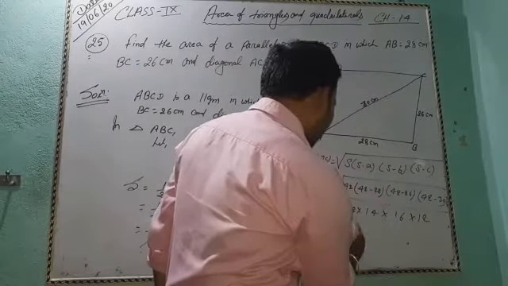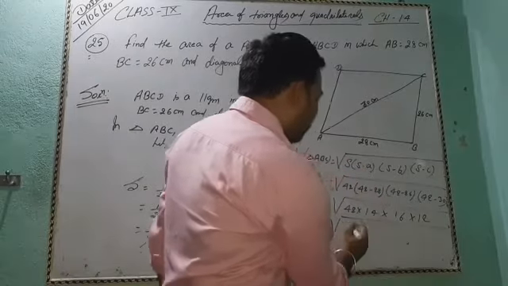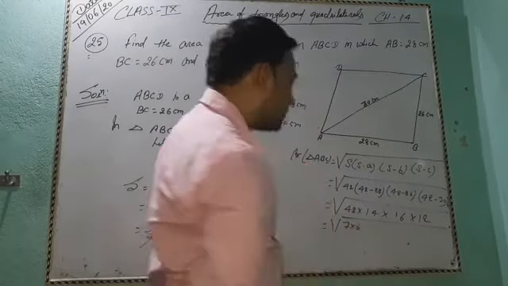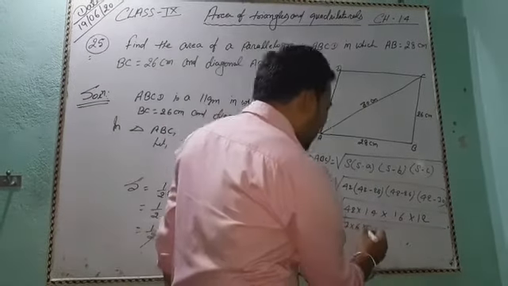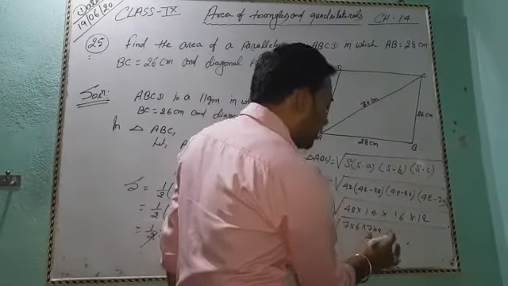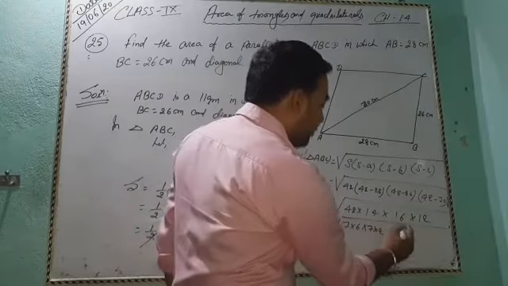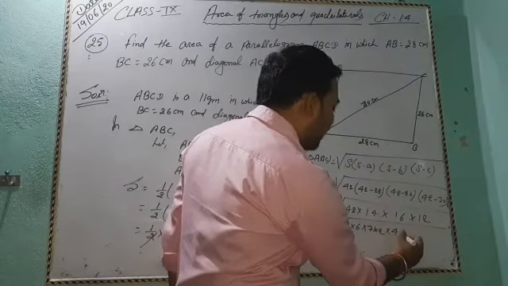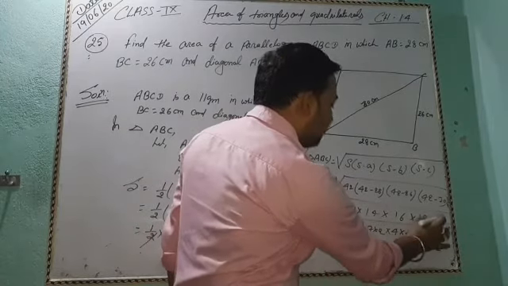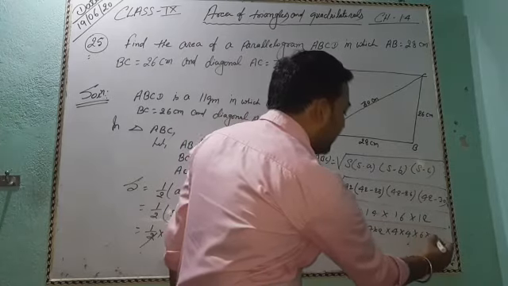Okay, so 42 is 7 multiply 6, 14 is 7 multiply 2, 16 is 4 multiply 4, and 12 is 6 multiply 2.